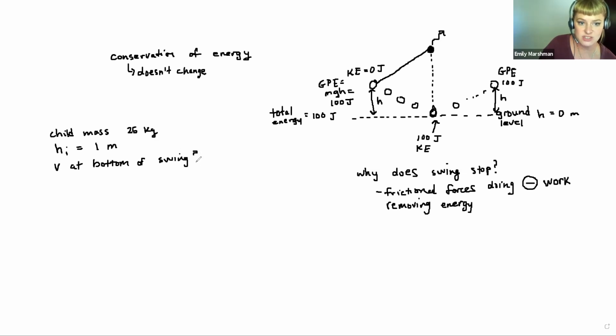We're still describing motion here, except we're using energy considerations as opposed to Newton's second law, F net equals ma, which would be very difficult to do here because the force is continually changing direction. The tension force is messy. So let's use energy considerations to solve this instead.